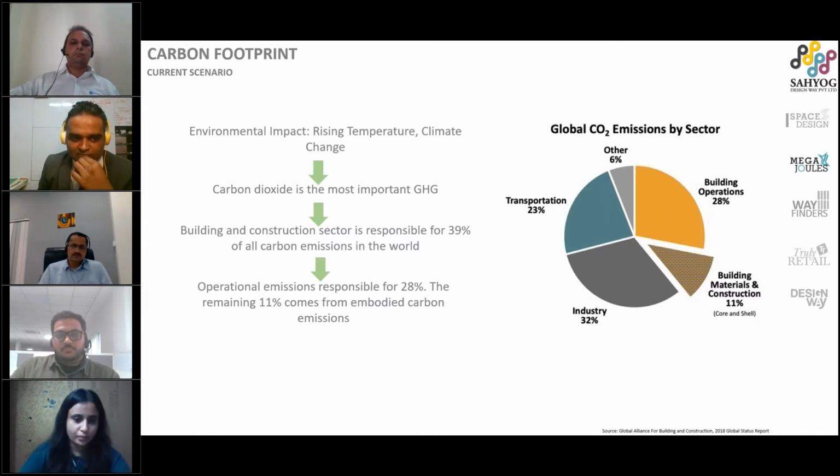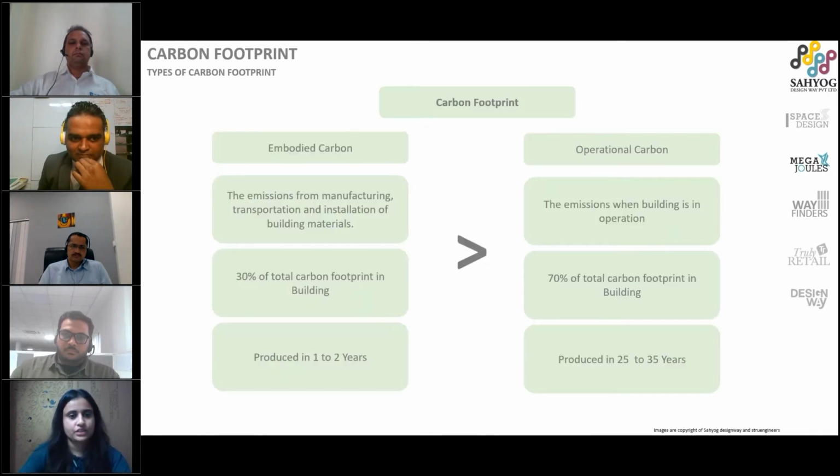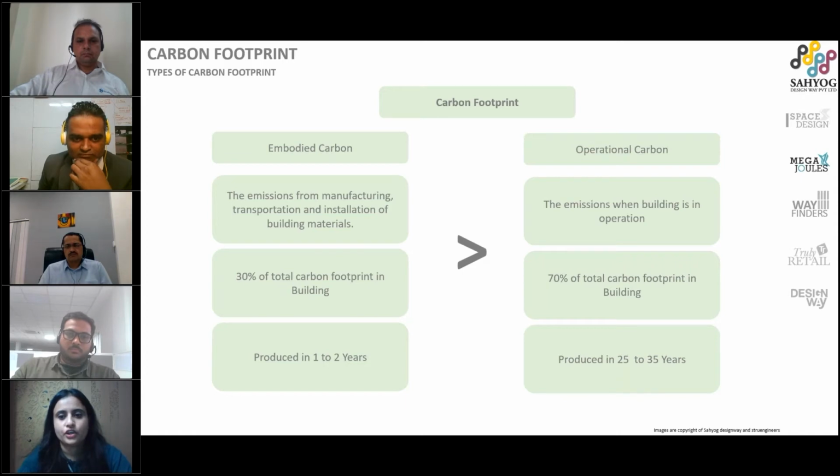So, what is operational carbon and embodied carbon? Embodied carbon is basically the manufacturing, transportation, and installation of building materials. And operational carbon is the carbon emission when the building is in operation mode.